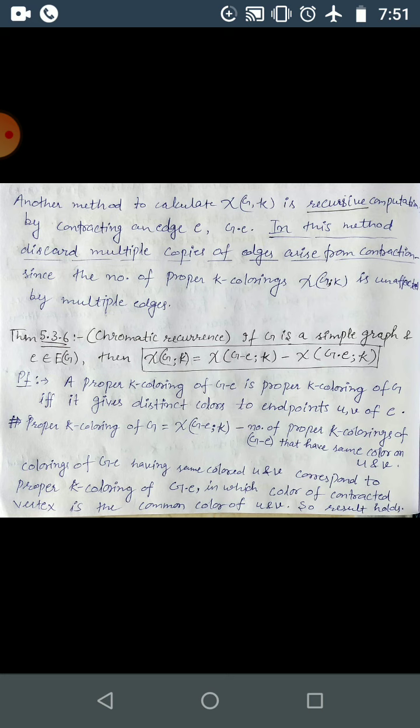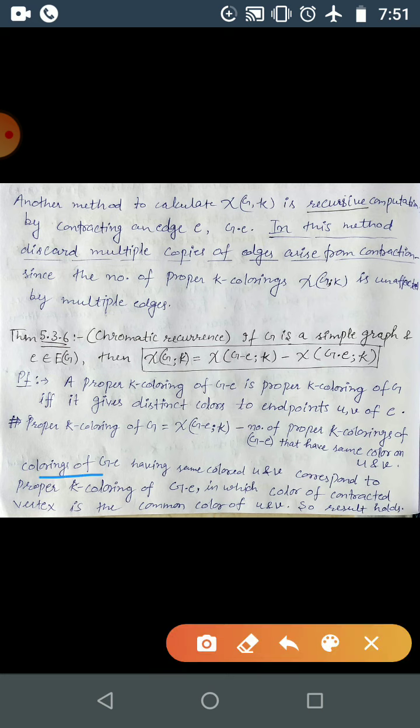How do these colorings of G minus E having the same color on U and V correspond to proper colorings? They correspond to proper colorings of G dot E, that is, contracted E, in which the color of the contracted vertex is the common color of U and V. We will just be subtracting that.